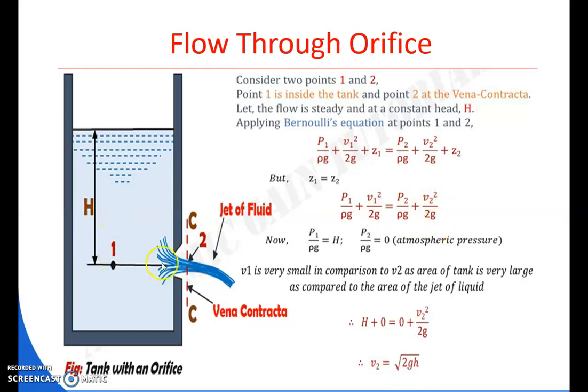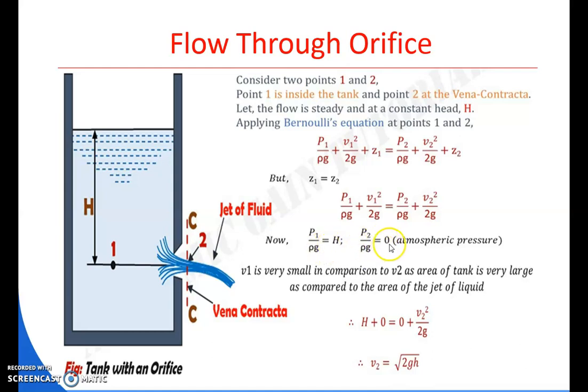We know that the pressure at point 2 is 0 because it is atmospheric pressure. Similarly, the pressure inside the tank is P equal to rho g h, so H is equal to P by rho g. So the total head at inlet 1 is capital H, and P2 by rho g, the atmospheric pressure, is equal to 0.